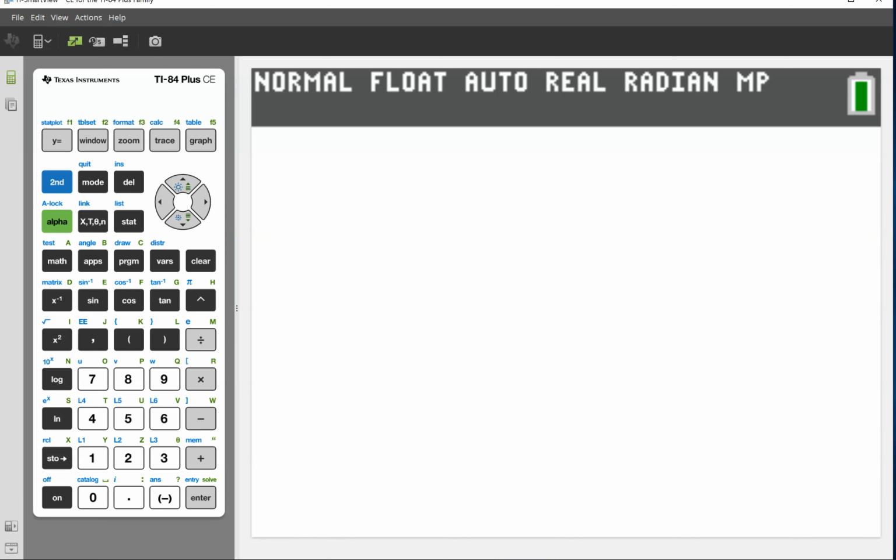If you have a TI CE that's got the cable that connects directly to your computer, I can just send you the files and you can use the TI Connect to get to it. If you don't have that, but you really want the programs, I can just send you what the text looks like and you'd have to type them all in. But if you've got a way to connect your calculator to the computer, I can get you the programs if you're interested. You just have to contact me.